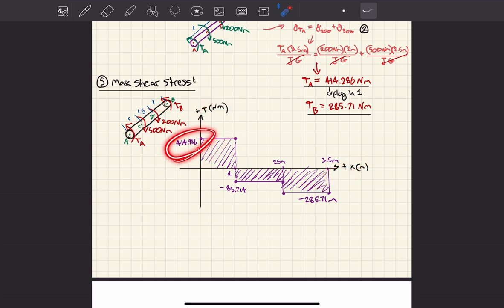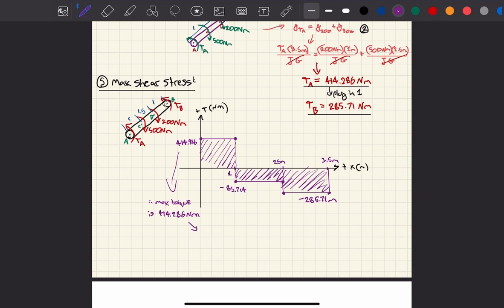The maximum torque endured by our shaft is not 500, but actually 414.286 Newton meters.